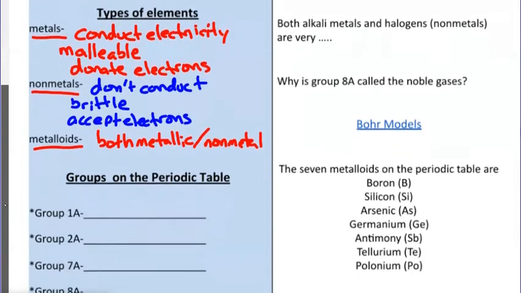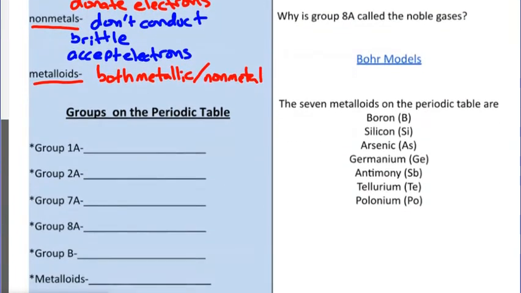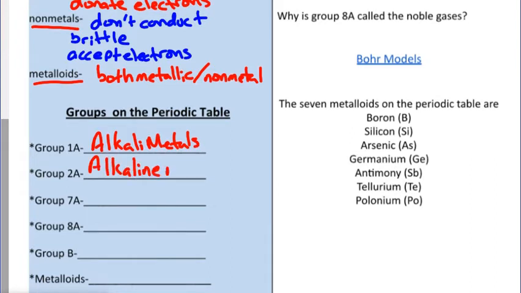Okay? Some of the more popular names for groups on the periodic table, as you see them referenced in some readings or online. Group 1A, the very first column in the periodic table, are what we call the alkali metals. And then just to the right in group 2A are the alkaline earth metals.